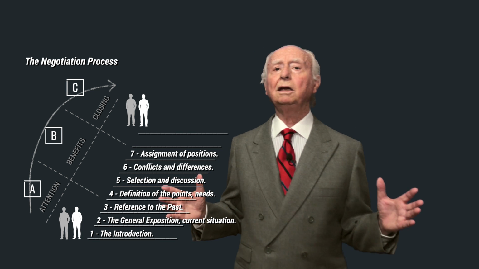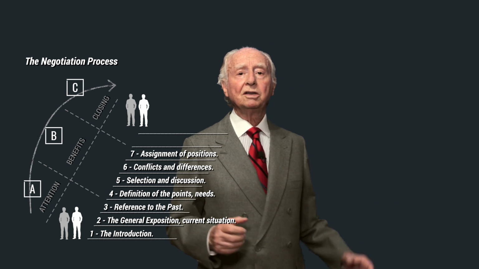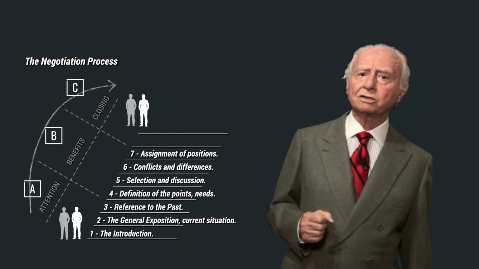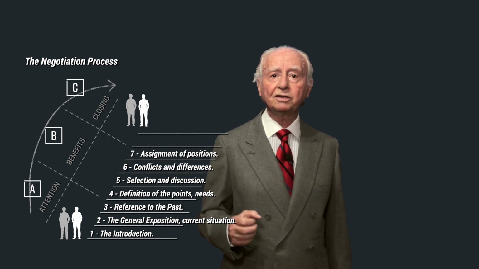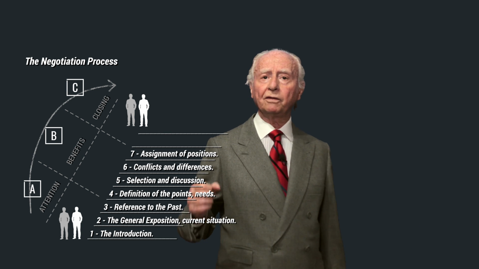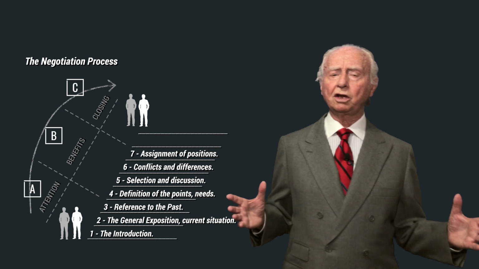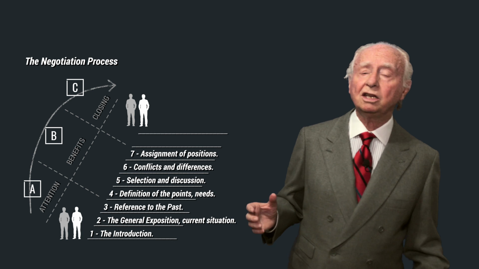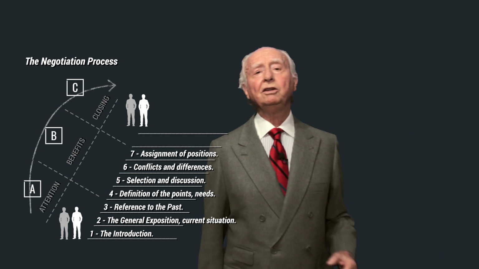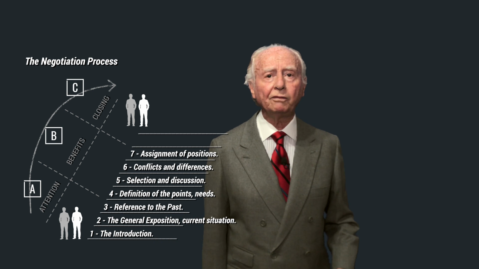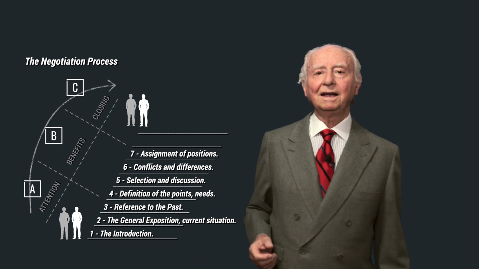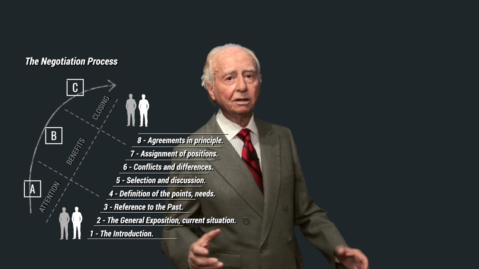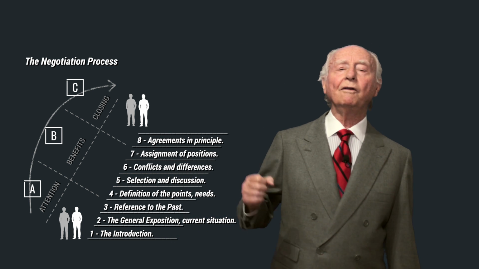And recalling again the attention curve, stage 4 of defining needs, stage 5 of selecting and discussing points, stage 6 of conflicts and differences, and stage 7 of cession of position: these 4 stages of the negotiation would be the benefit part, the exchange of profit between both parties, in the attention curve that is also developed in all negotiations. Stage 8, the establishment of agreements in principle that are the gateway to definitive conventions.